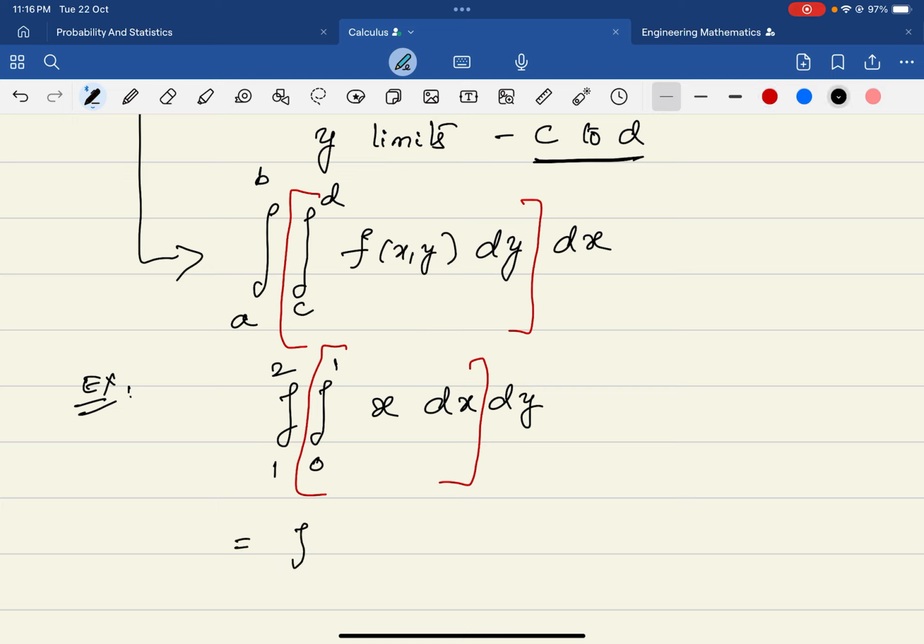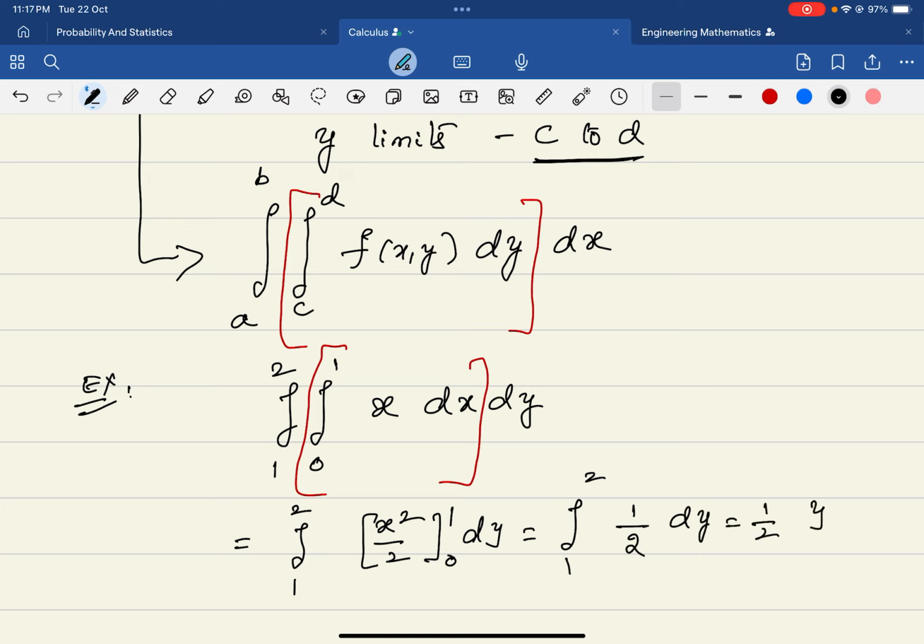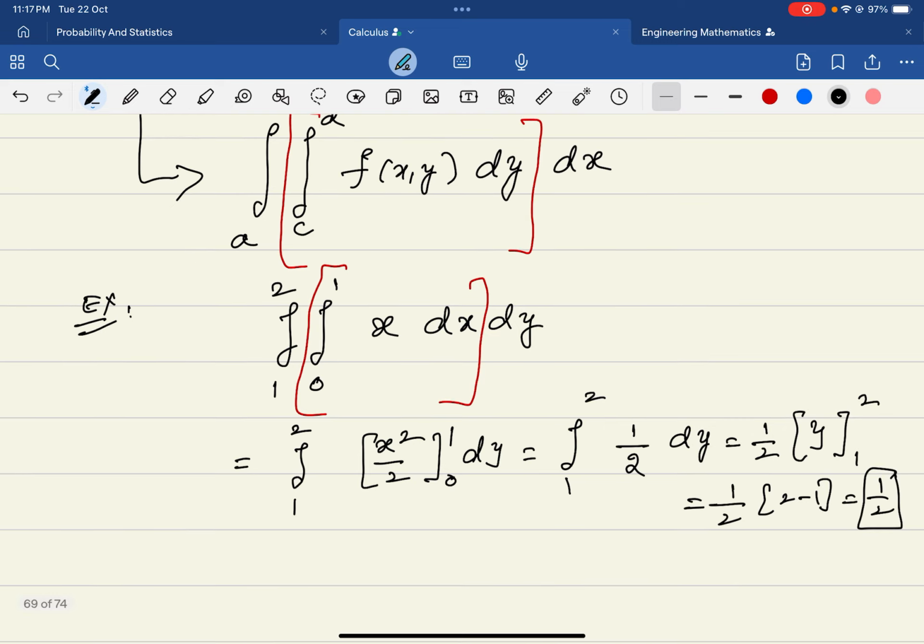The integral from 1 to 2 of x square over 2 within the limits 0 to 1, dy. When you solve it, upper limit minus lower limit gives you the integral from 1 to 2 of 1 over 2 dy. Therefore, 1 over 2 y within the limits 1 to 2, so 1 over 2 times 2 minus 1, and that value is 1 by 2. This is the value of the integral.